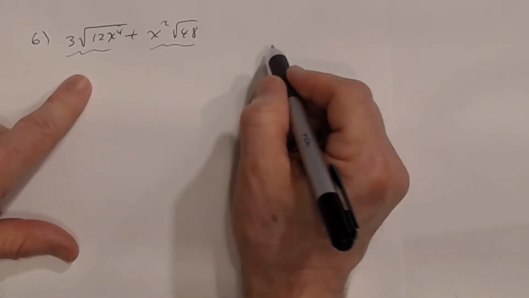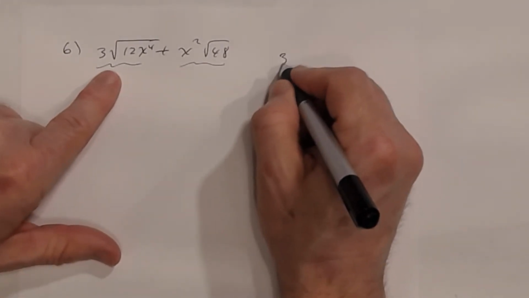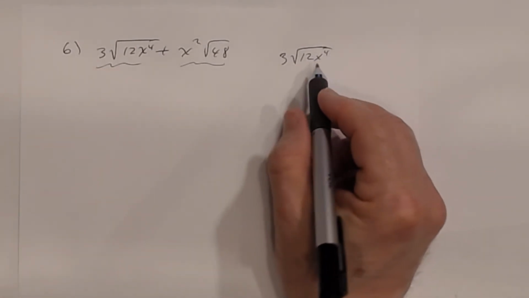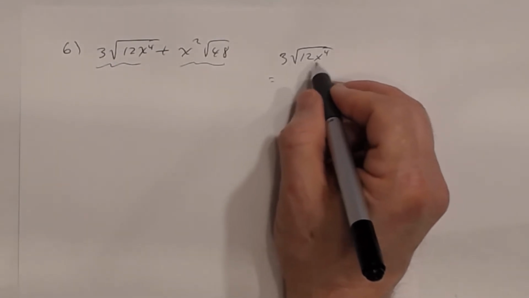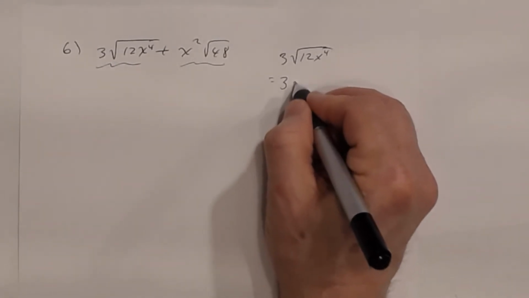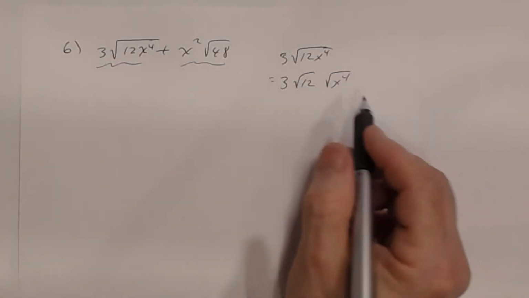So let's go off to the side and kind of do the work here. So I'm going to be rewriting 3 square root of 12 x to the 4th. So by the product rule, and remember this is stuff you've had in the past, I can rewrite this as 3 times the square root of 12 times the square root of x to the 4th.